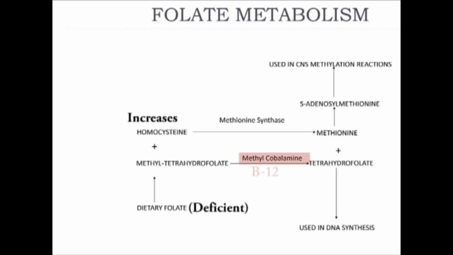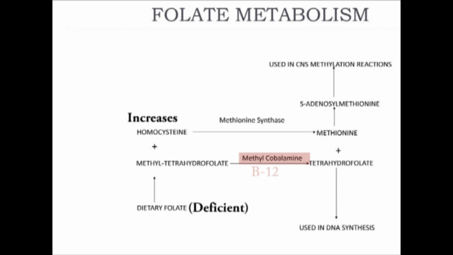However, the possibility of a folate deficiency only is difficult to come by, especially if we consider the role of methylcobalamin in this biochemical pathway. Indeed, the mechanism works like this. The methyl of the methyl tetrahydrofolate gets transferred to methionine synthase.